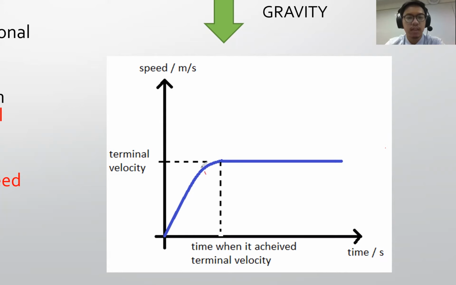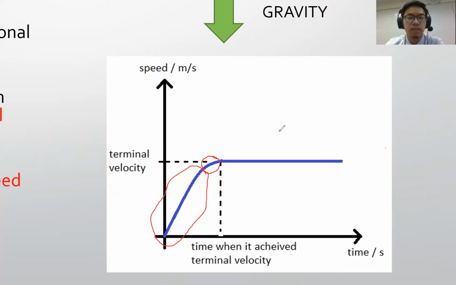In the beginning, the first part of this graph, because you are falling, your speed is increasing. You are getting faster and faster, you are accelerating. And then at a certain point, your speed is still increasing, but the way that it increases is getting smaller and smaller.